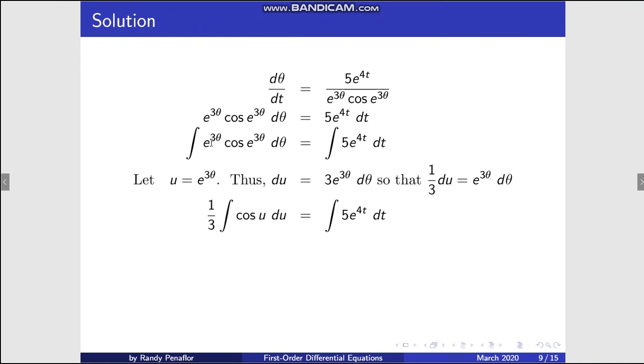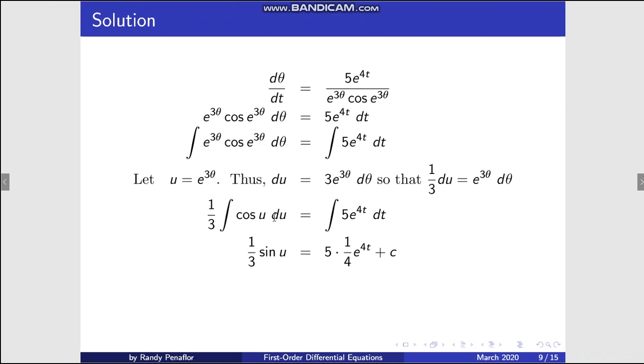Now this e to the 3 theta d theta can be replaced by 1/3 du since we have this equation. And e to the 3 theta can be replaced by u. And introducing this 1/3 before the integral sign, we get 1/3 times the integral of cosine u du.